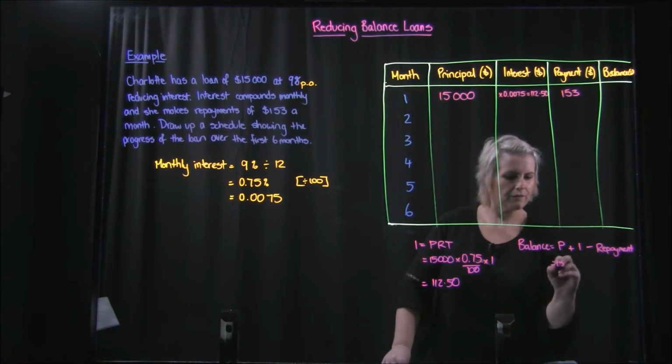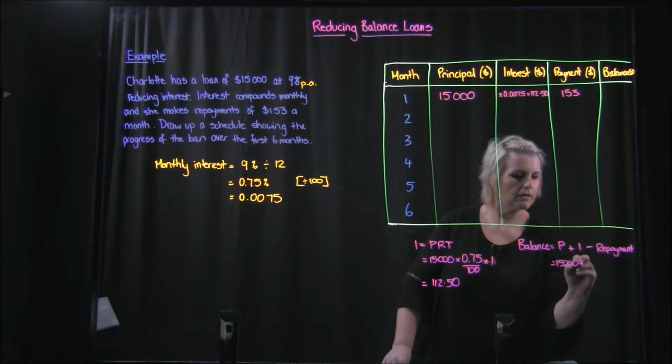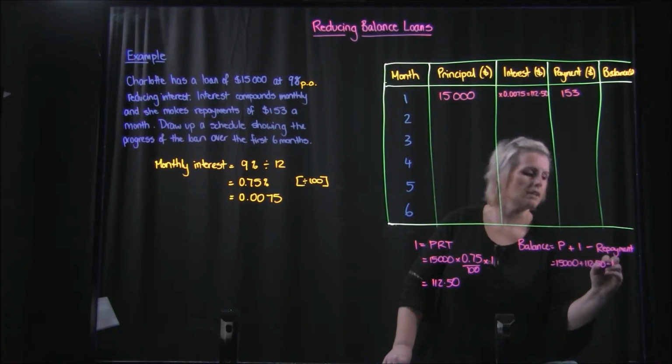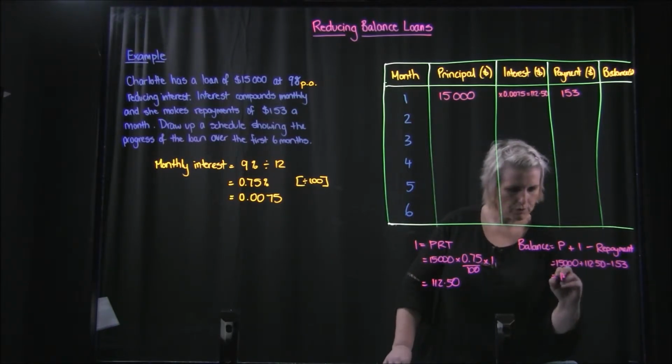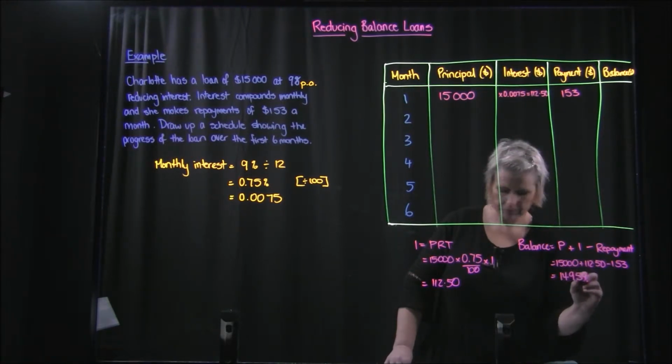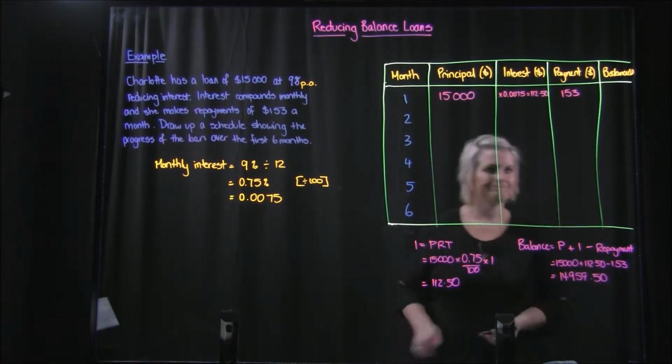So that's going to be $15,000 plus $112.50 minus $153. And what that gives me is $14,959.50.